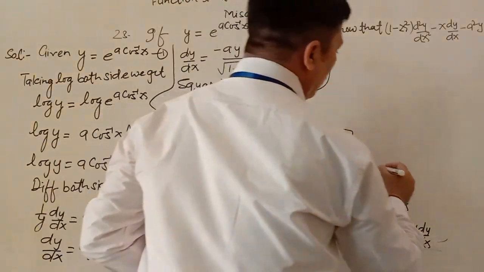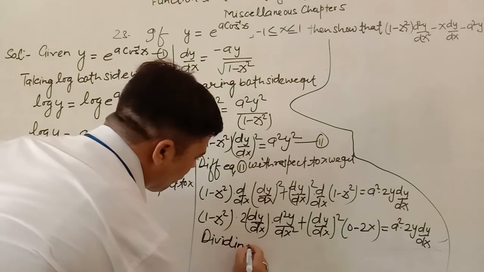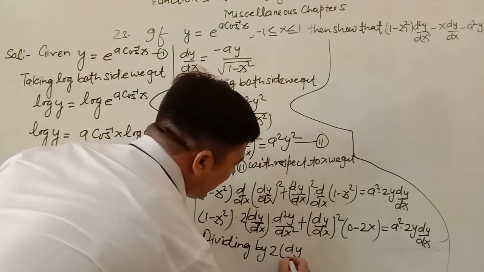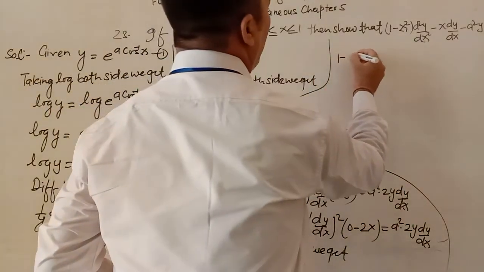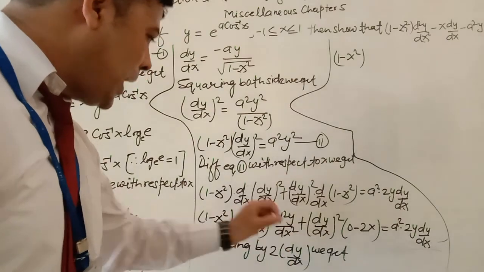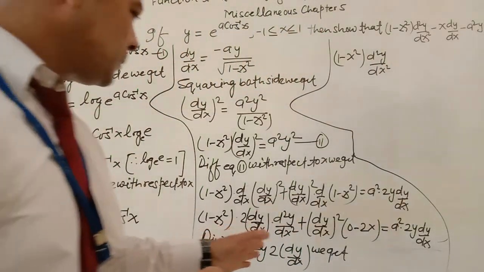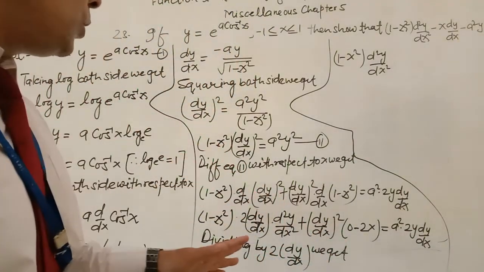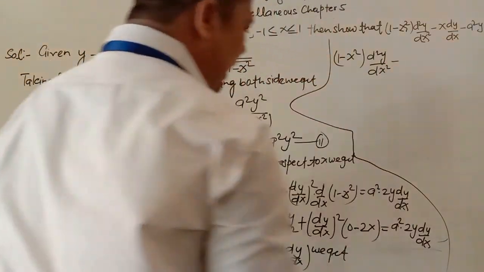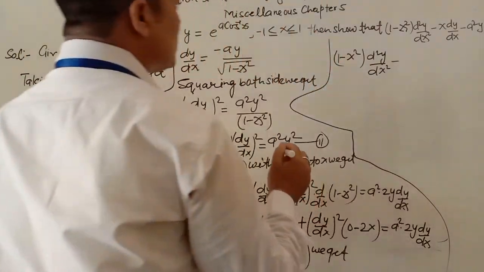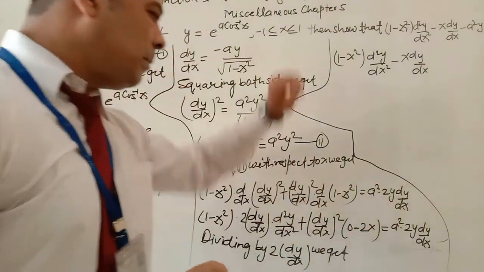So cancelling out, or dividing by 2 dy upon dx, we get 1 minus x square d2y upon dx2 plus, this is minus 2 dy upon dx, cancel out, minus x dy upon dx.